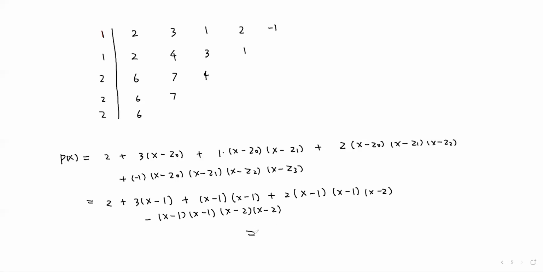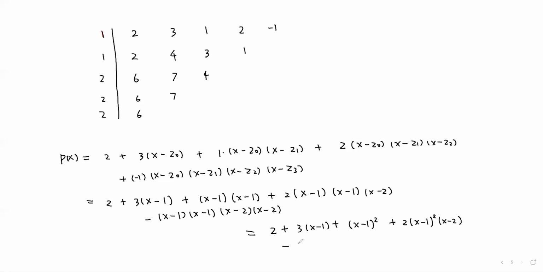Now simplify. We get this polynomial. This term x minus 1 times x minus 1 is x minus 1 squared. Then plus 2 times x minus 1 squared times x minus 2.